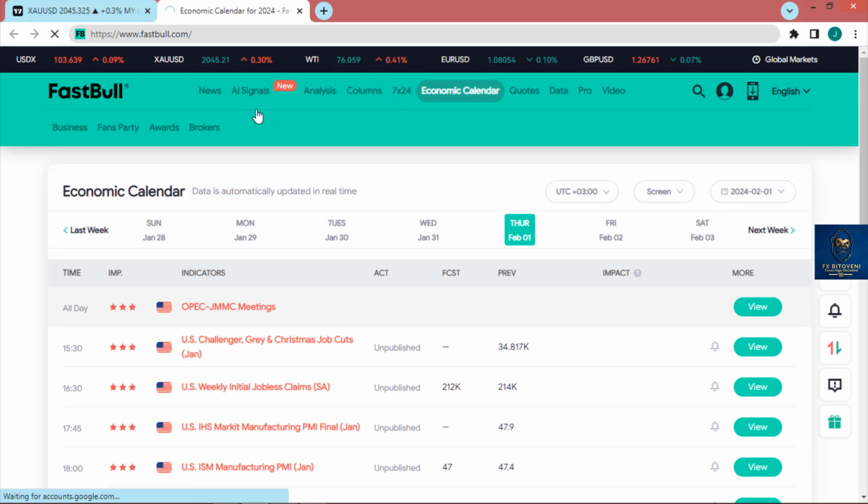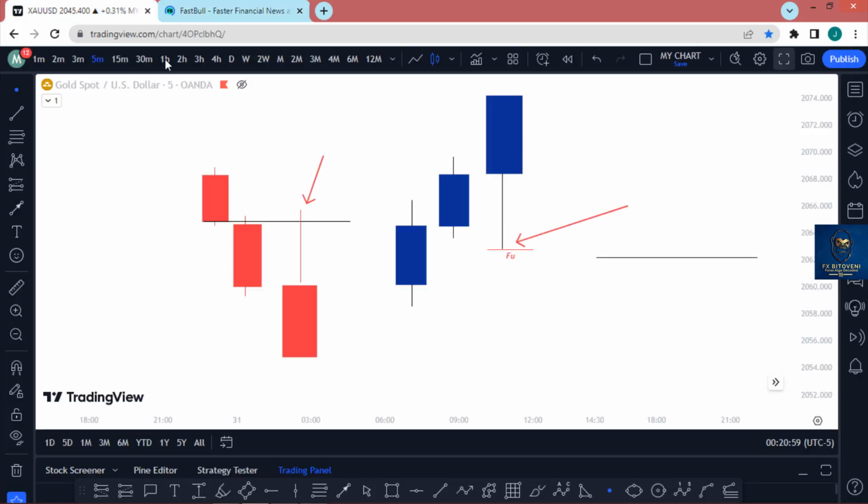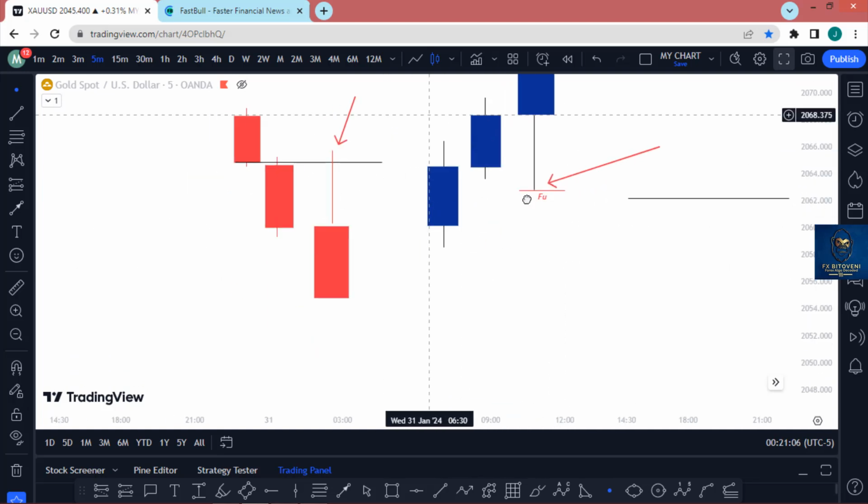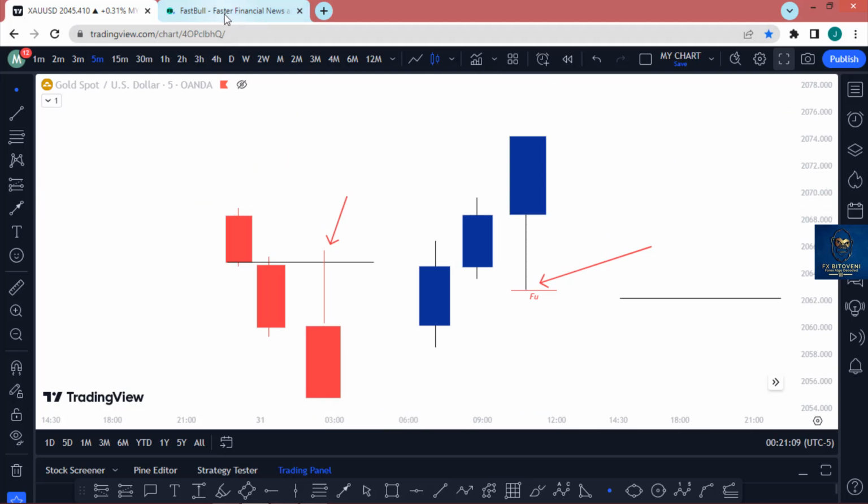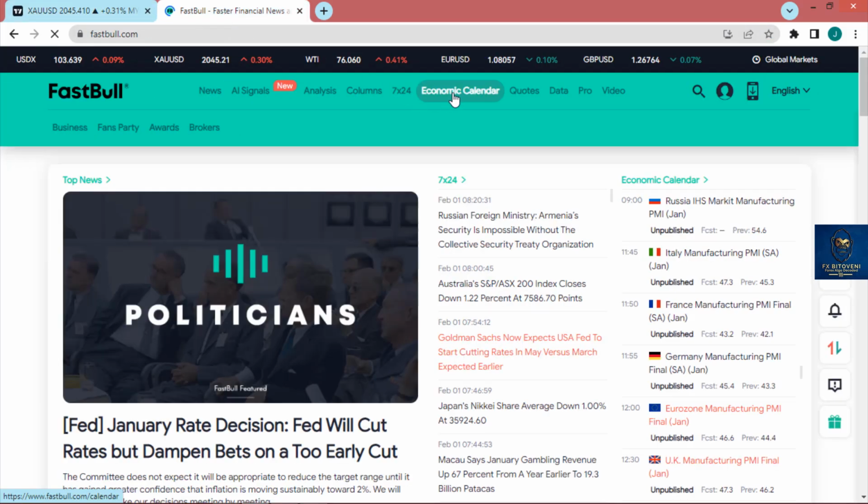And then try to click on economic calendar and check what? Check economic events that are going to happen, that may affect your setup, that might affect the way the market is going to move, right? So make sure on Fastbull you click on the economic calendar like this.